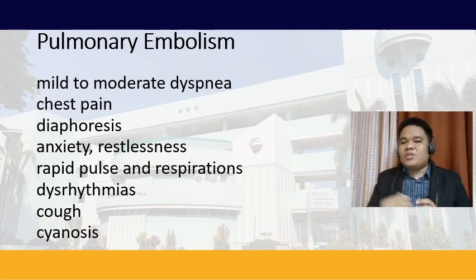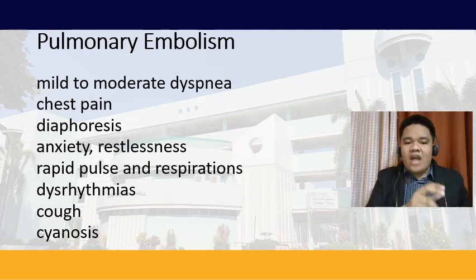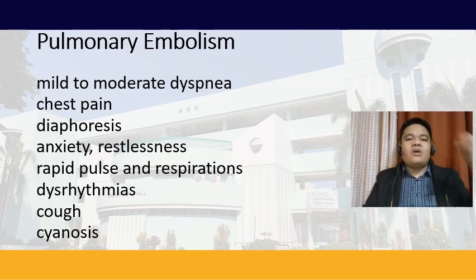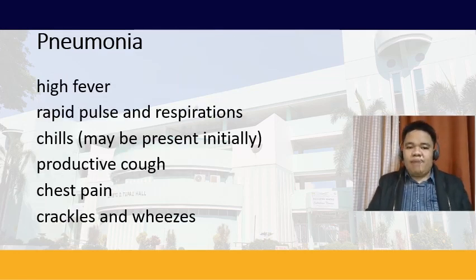O2 at 100% should be given. IV fluids will be given. Anticoagulants or even thrombolytics are administered. Administer analgesics and sedatives. Sedatives there are intended to decrease the oxygen demand of the body. And then frequent assessment and recording of the vital signs and the general condition of your patient.